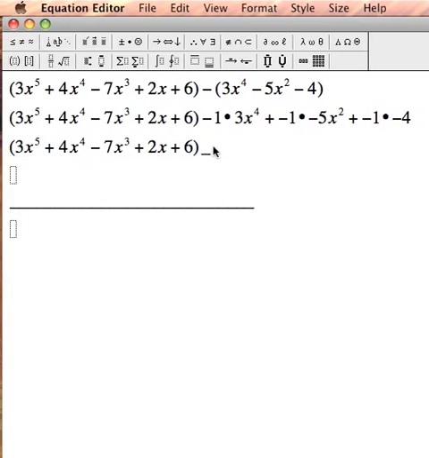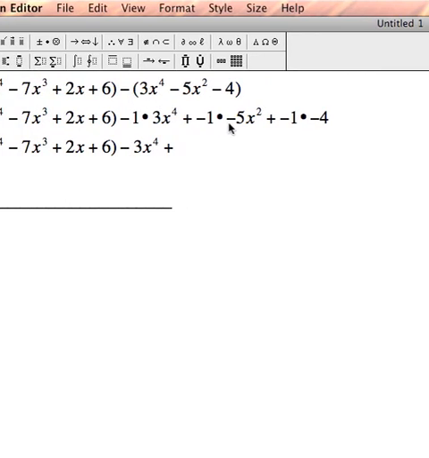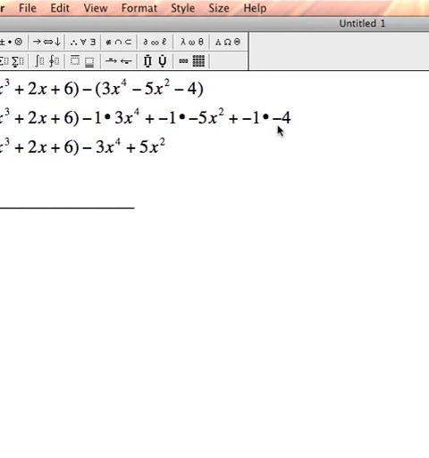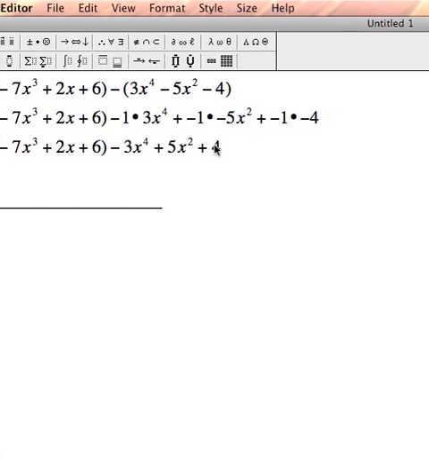So we'll have -3x to the fourth power. Instead of -5x squared, now it'll be positive 5x squared. And instead of -4, now it'll be positive 4.